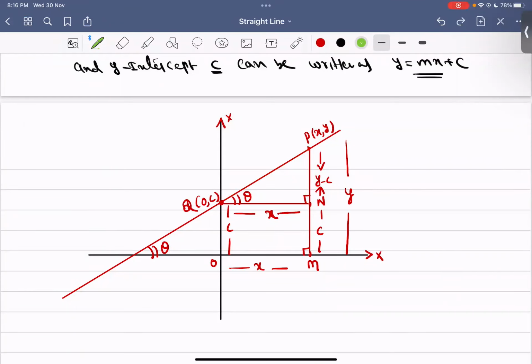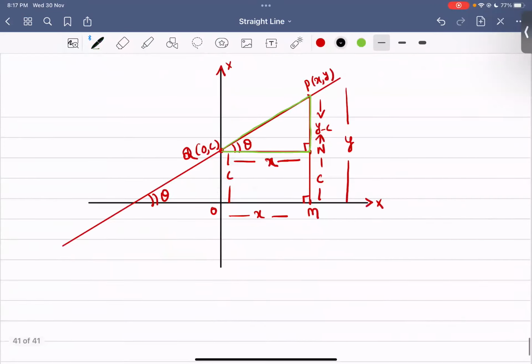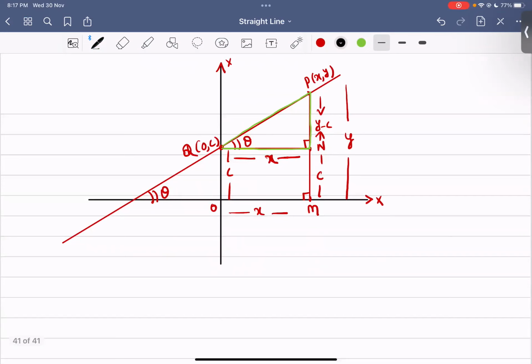QPN, right angle at N. From this right triangle, what can we write? tan theta is equal to what?